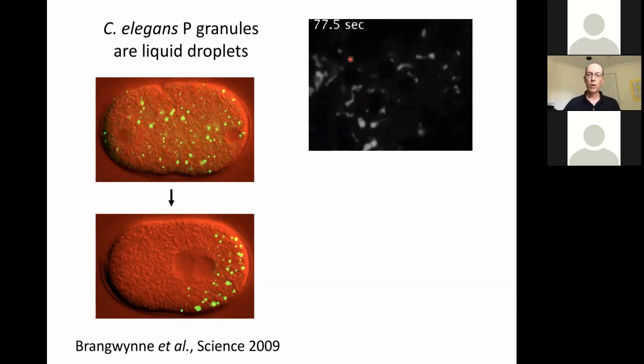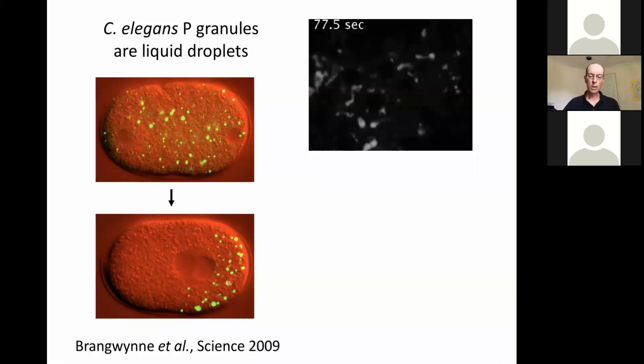And so from experiments like this and other very nice, elegant, simple experiments, Cliff was able to make the case that these things, which we'd call granules, are actually liquid droplets. And so what's happened inside this living organism is some of the material, some of the protein, and in this case, some of the RNA, have gotten together and phase separated into liquid droplets, just in the same way that if you had a mixture of oil and water, the oil would condense into droplets inside of the water.